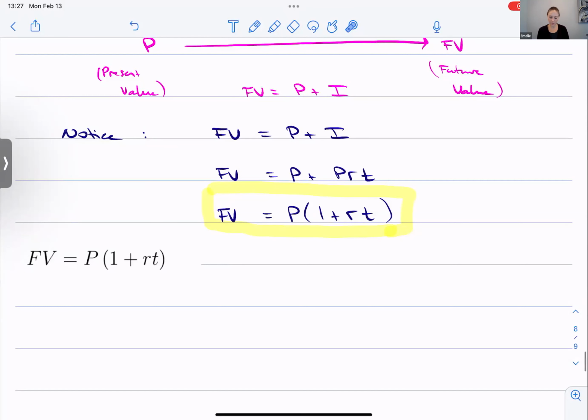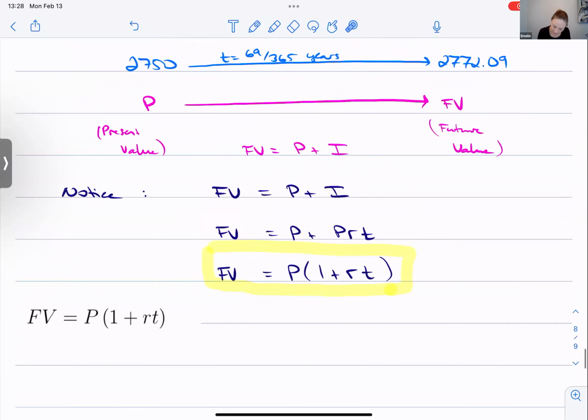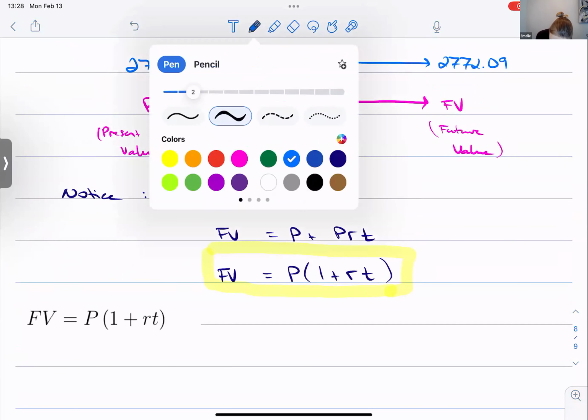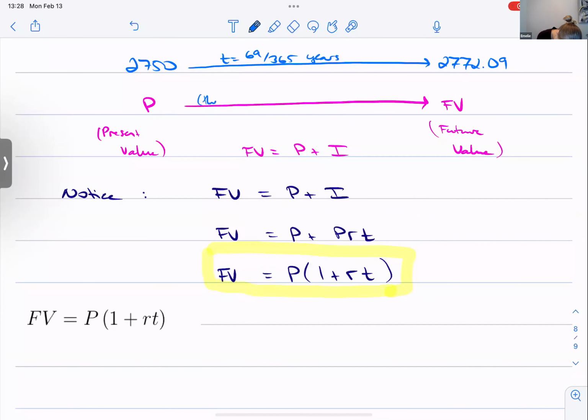So now the future value is both the principal amount and the amount of interest. So it's the total amount of the loan or the investment, depending on what you're doing. But like I said, the behavior is the same. So here, the arrow represents time.